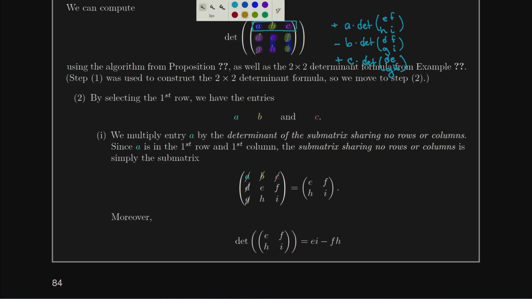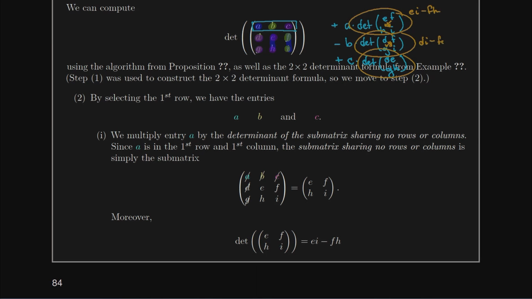But recall from the last case, we determined what these 2 by 2 determinants are. It's the top left, you just kind of do this little crossing action, EI. So this will be EI minus FH. This will be DI minus FG. And this will be DH minus EG. So if I go ahead and distribute A, B, and C to all three of those terms, what is the 3 by 3 determinant formula?